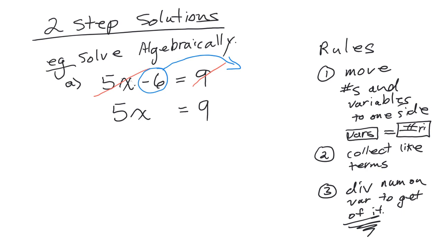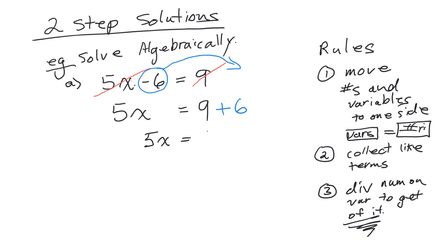So in this case, instead of having minus 6, we're going to have plus 6. So now we take our time and we look on the left side. Left side is fine, no collection of like terms. But on the right side, we have 9 plus 6, which is 15.